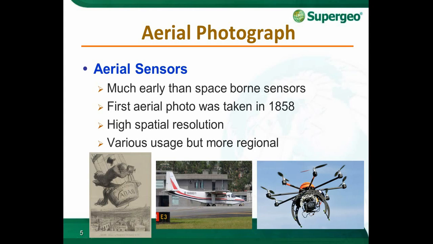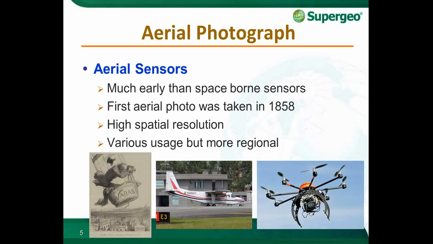About the two common data sets within GIS, the aerial photograph is a very useful and very easy to use data set, which is much earlier than the spaceborne sensors. The first aerial photo was taken in 1858 in France.